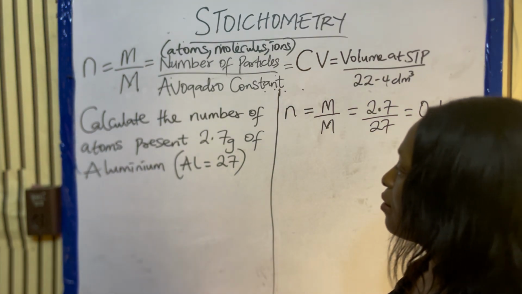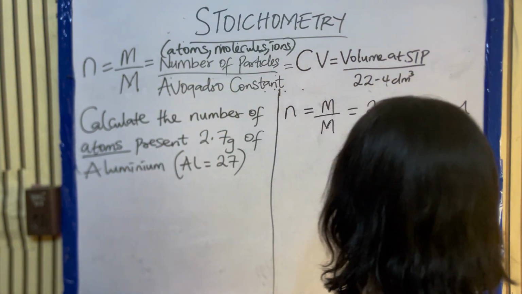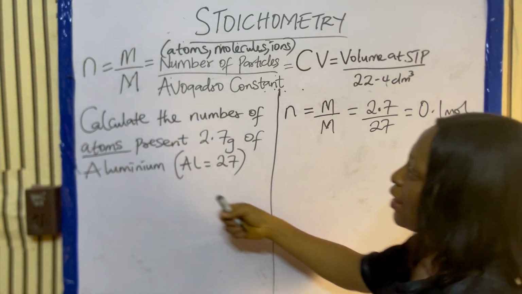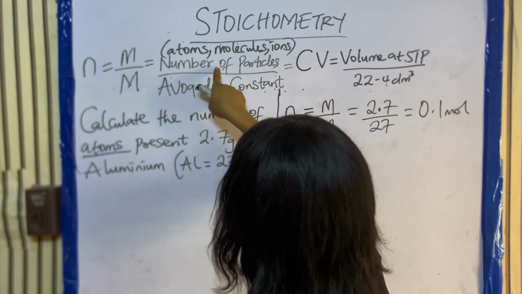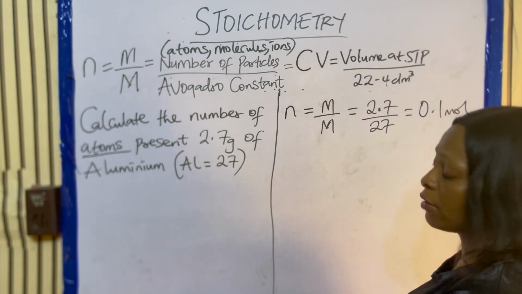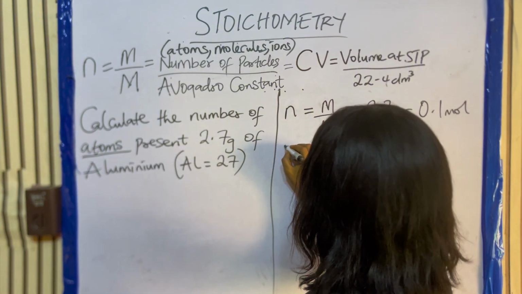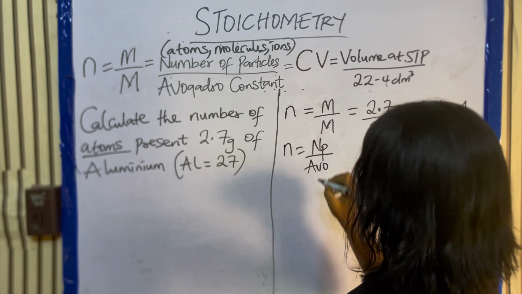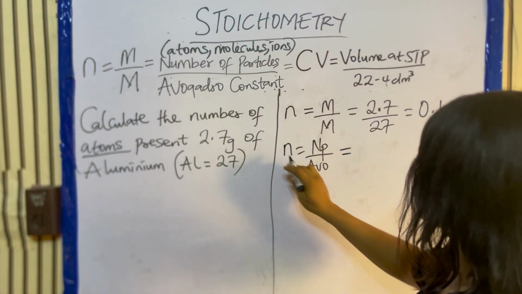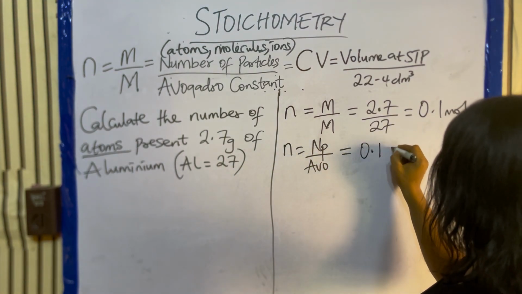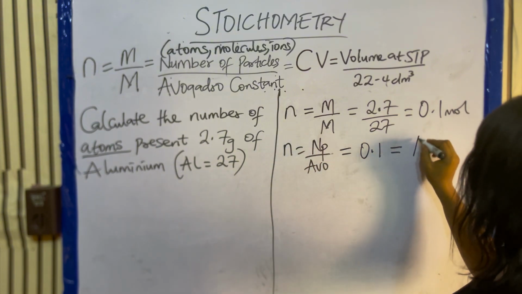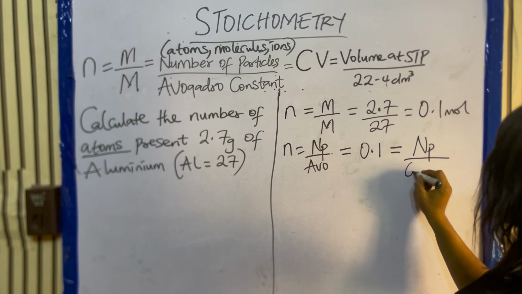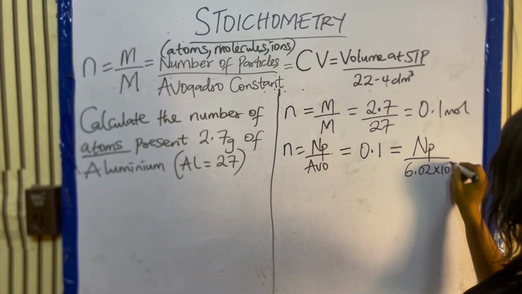But the question says the number of atoms. So having gotten the number of mole, we can now equate this number of mole to number of particles over Avogadro's constant. So number of mole is equal to number of particles over Avogadro's constant. So 0.1 is equal to number of particles, which is what we are looking for, that is the number of atoms, all over Avogadro's constant, 6.02 times 10 raised to power 23.